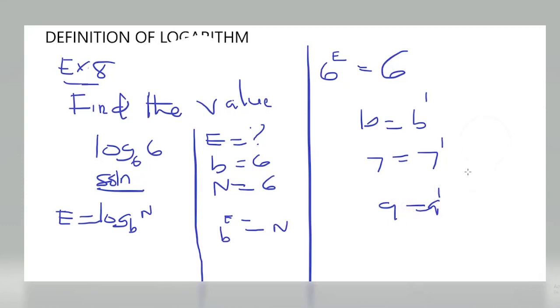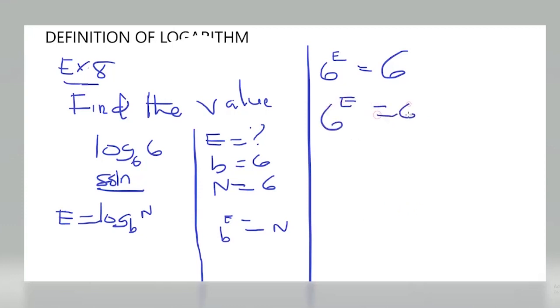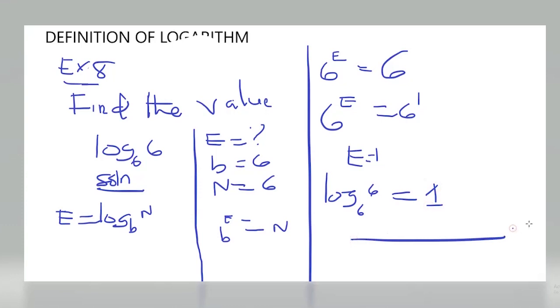So I can say 6 power e is equal to 6 power 1. Since we have the common base, the exponent is equal to 1. So the value of the logarithm of 6 to base 6 is positive 1. That is the answer.